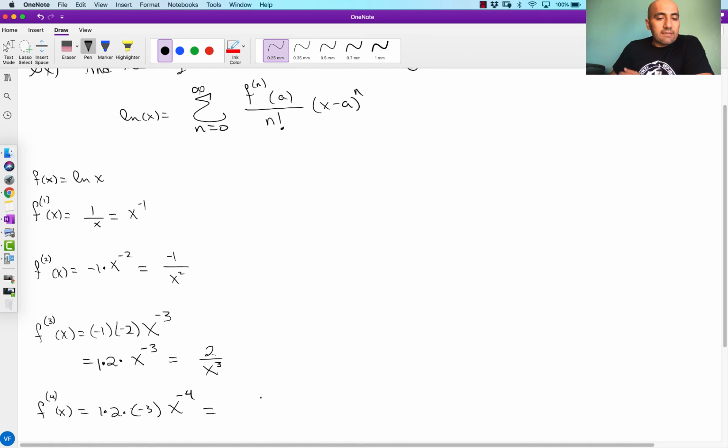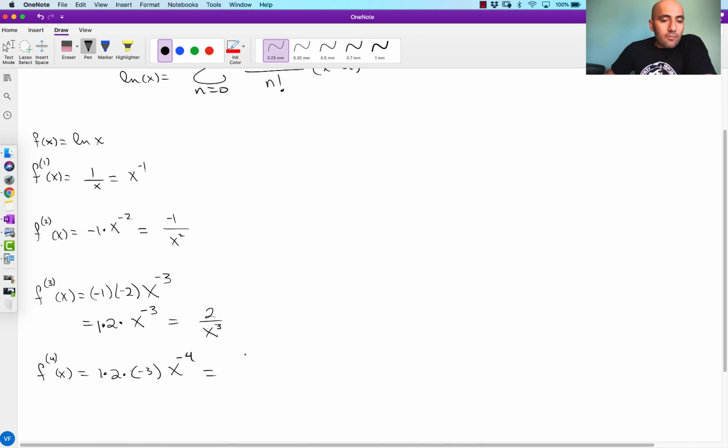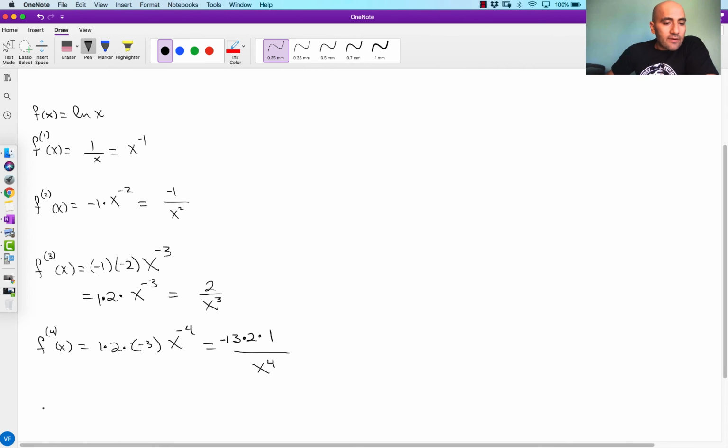And so if I wanted to simplify that, I would end up with 3 times 2 times 1 all over x to the power of 4. And there would be a negative here, right? So negative 1.